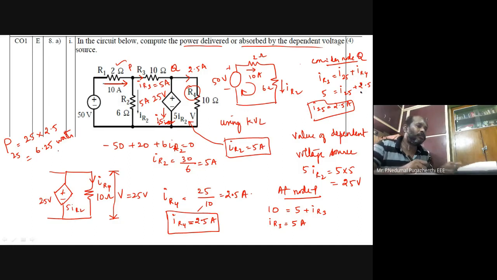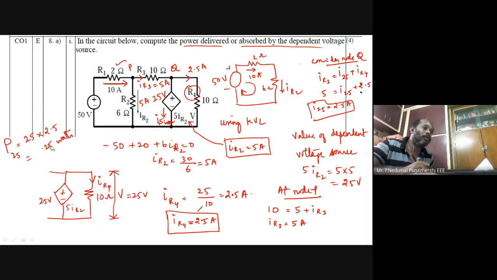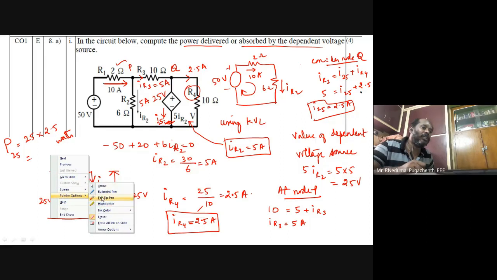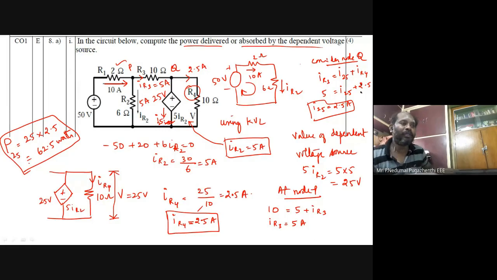Is that right? No, it is 62.5. Am I right? Just a minute. Okay, this is how we make a mistake. So use your calculator to verify that. 62.5 is the power delivered by the dependent source.